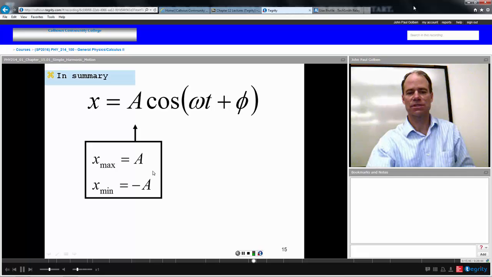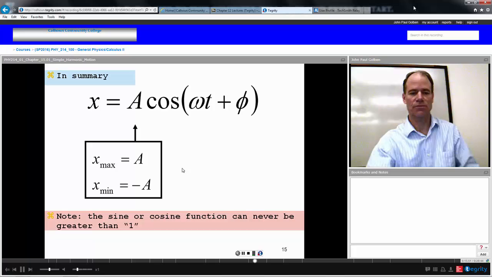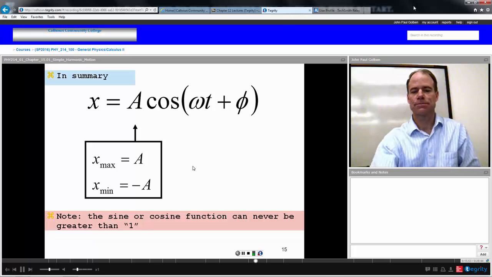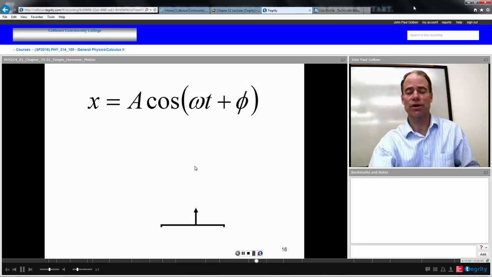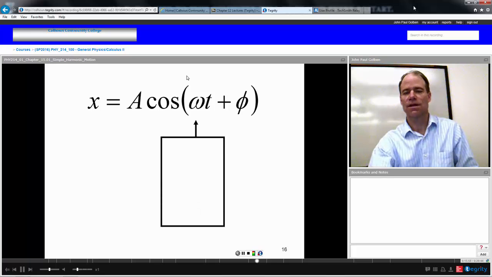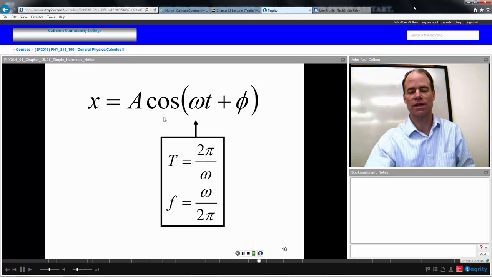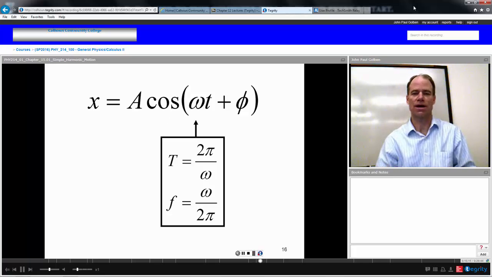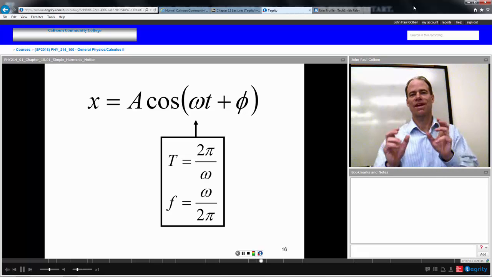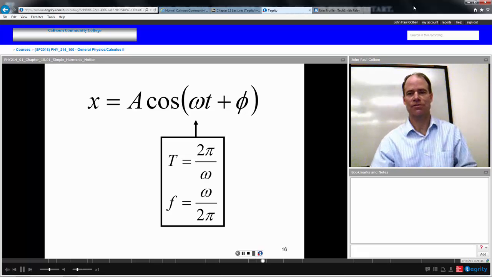My maximum is A or negative A on either side. You could say the minimum position is negative A. The sine or cosine function can never be greater than 1 because of that. From omega, that's in front of the t, I can get two other things. I know that the period is 2 pi over omega, and the frequency is 1 over the period, or omega divided by 2 pi. So omega, which is characterized before my oscillation even begins, will help me characterize also the period and the frequency.